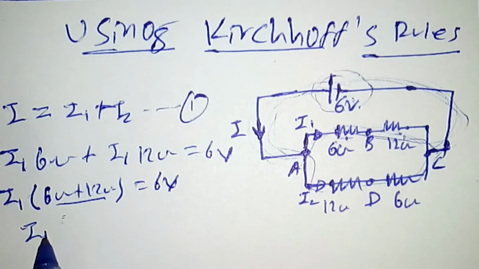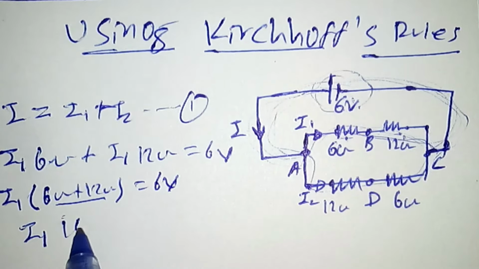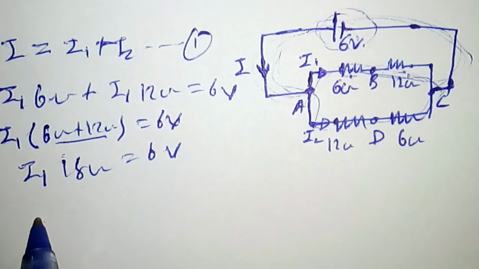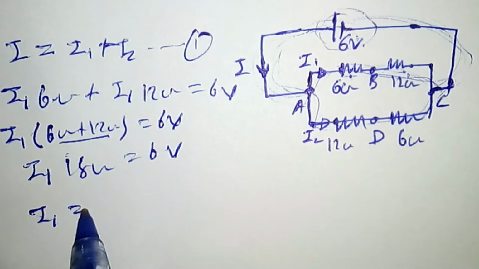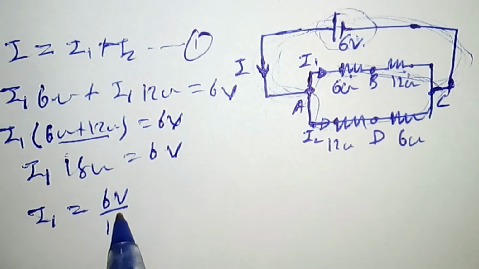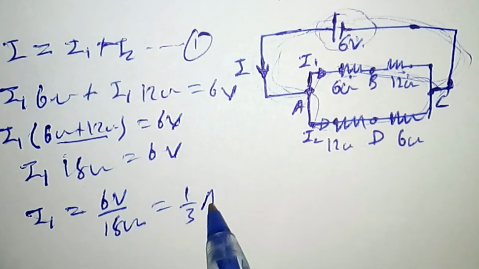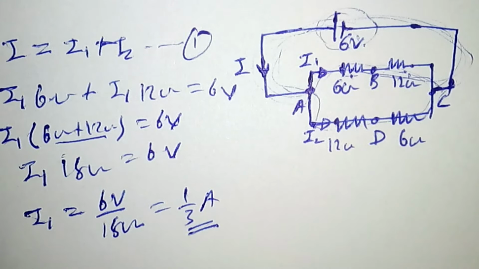So I1 times 18 ohm equals 6 volts, and I1 equals 6 volts divided by 18 ohm, which is 1/3 ampere, the same answer we got earlier.